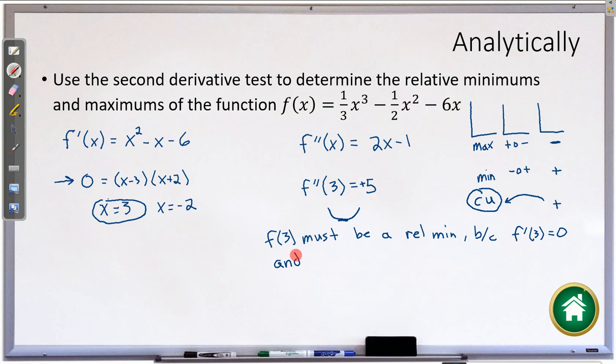And f double prime at 3 is equal to, now I could put 5. I don't really care about the 5 so much as that it is a positive number. So I'm going to even put the plus there. All right, which means the graph is concave up. Which means f is concave up.